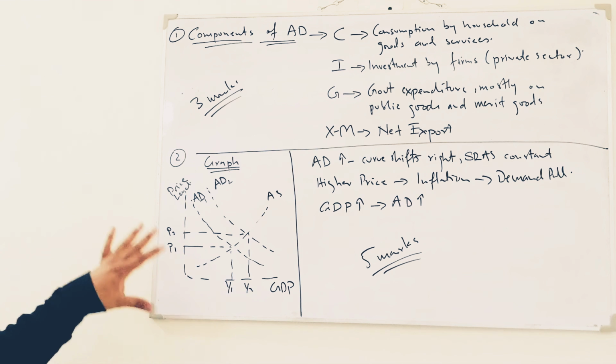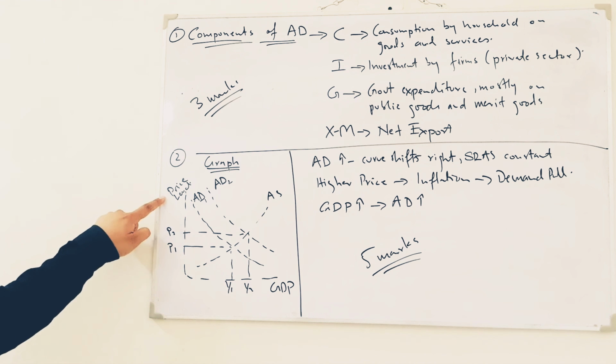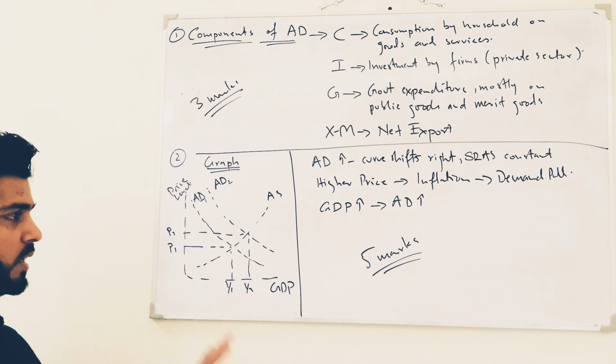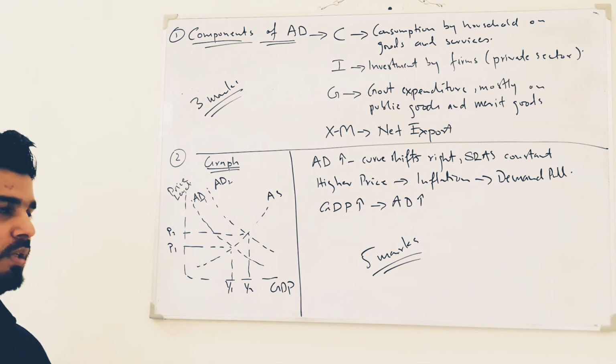This is what you can show on the graph: the price level on the y-axis, the GDP on the x-axis. We'll make the aggregate demand and short-run aggregate supply curves, I'll explain later. We can show the shift, and we can show the change in the price level, which is known as inflation. Now let's talk about the diagram in words.